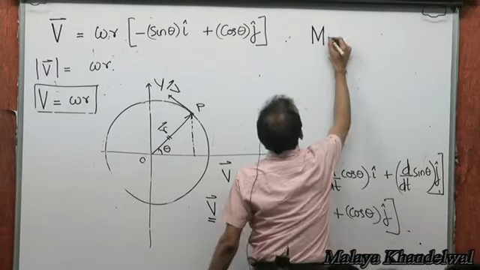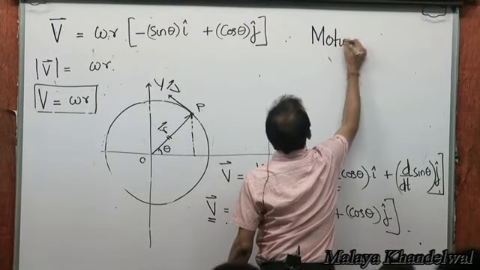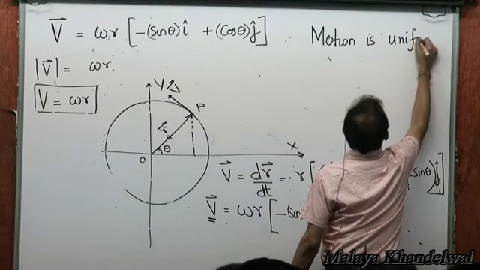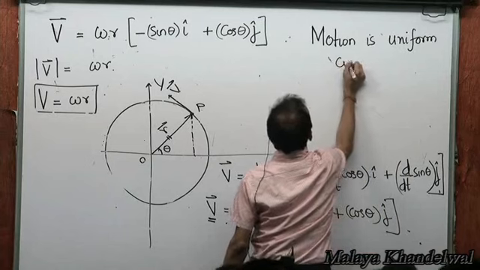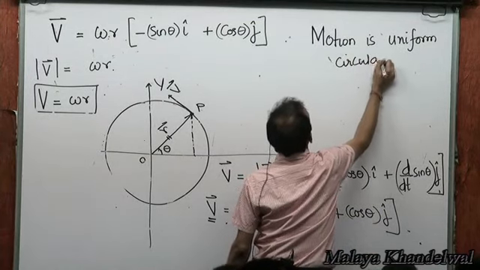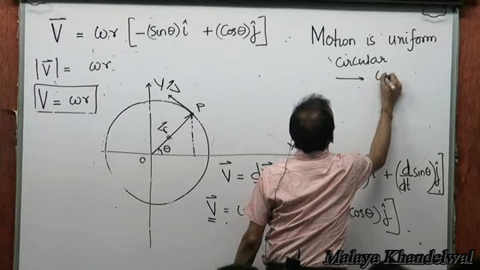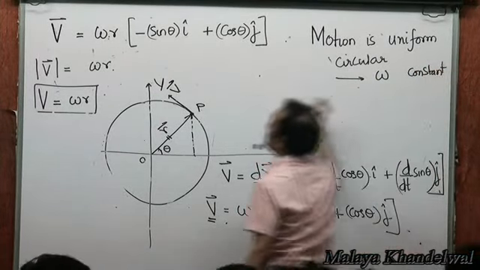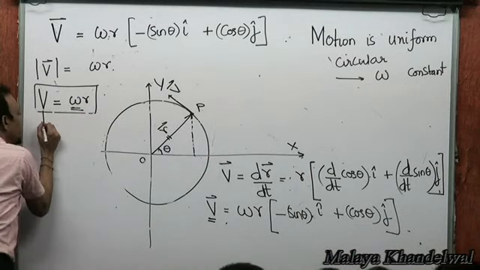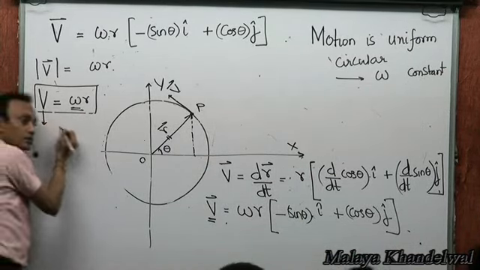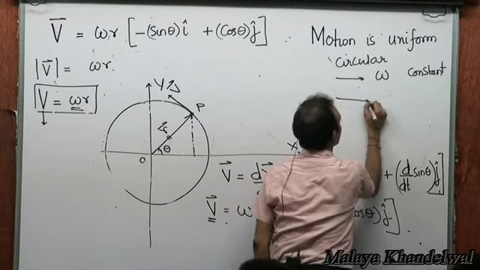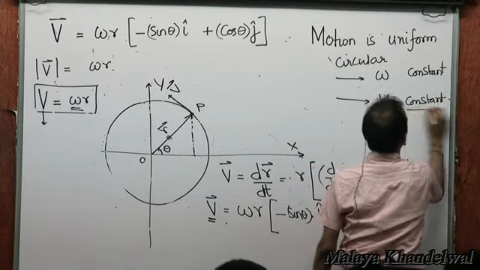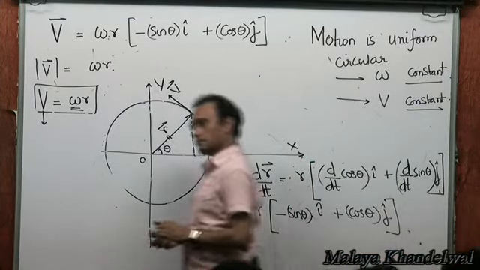So now if I continue in the same stride and say the motion is uniform circular, it would mean that omega will remain constant, angular speed will remain constant, and if angular speed remains constant, the linear speed will also remain constant.